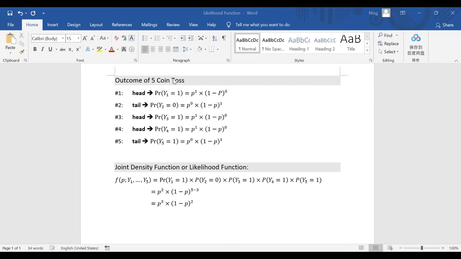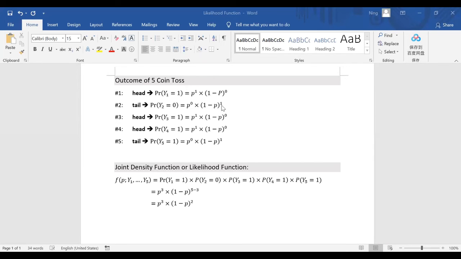The first toss lands on the head, and therefore the probability that this event happens is given by p to the power of 1 times 1 minus p to the power of 0. The second coin toss lands on the tail, and hence the probability that this event happens is given by p to the power of 0 times 1 minus p to the power of 1, and so on and so forth.